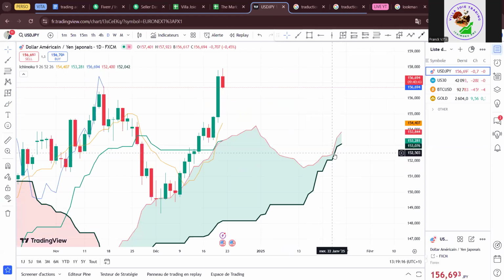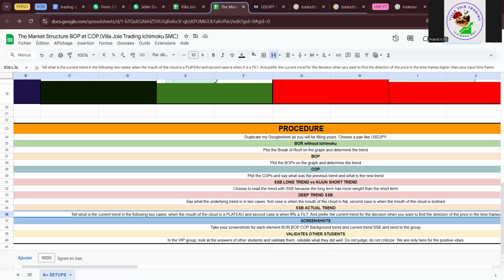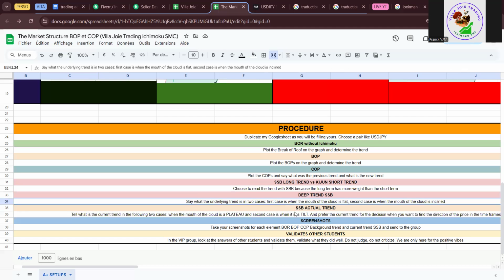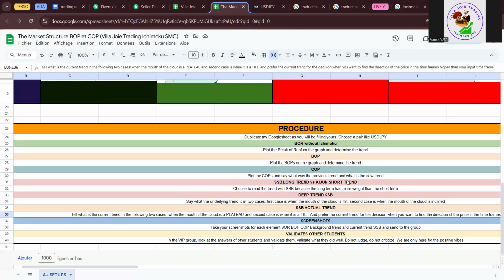This is the last inclination, this is the deep trend. So you need to identify it too and tell what the deep trend is. You need to circle it and tell what the deep trend is because you take a screenshot of each one of these. And then the actual trend using SSB.